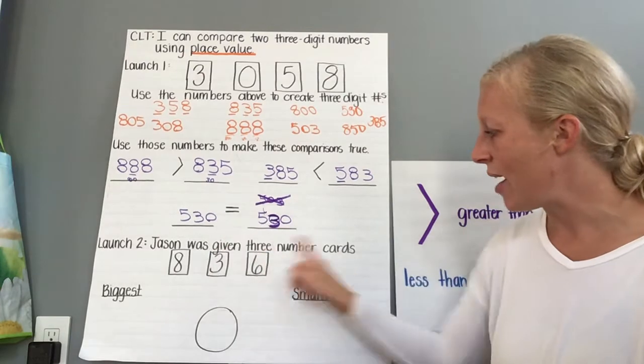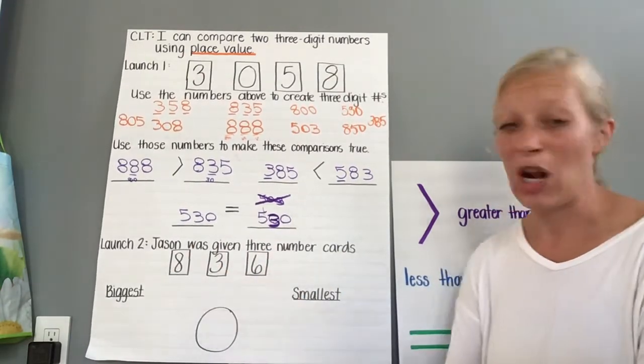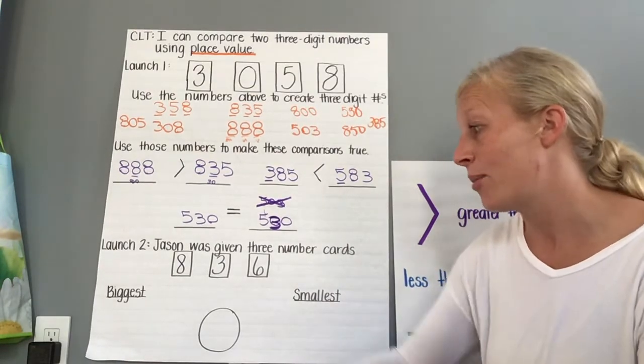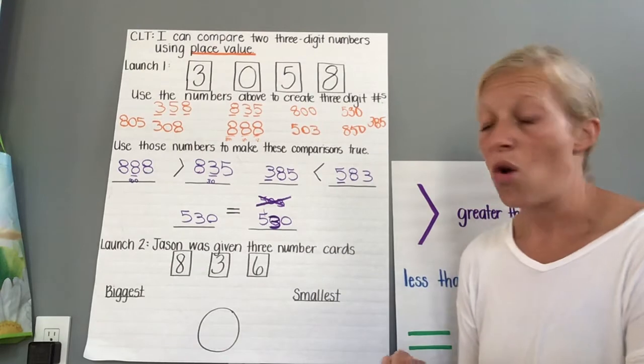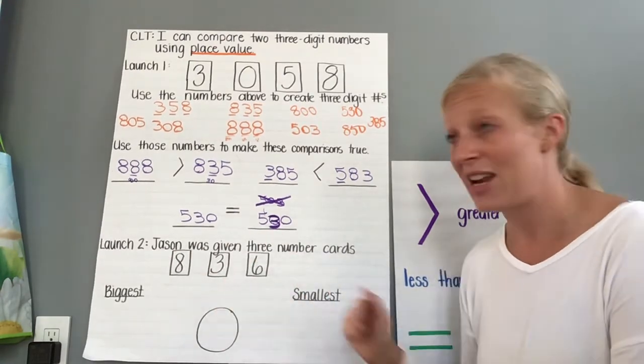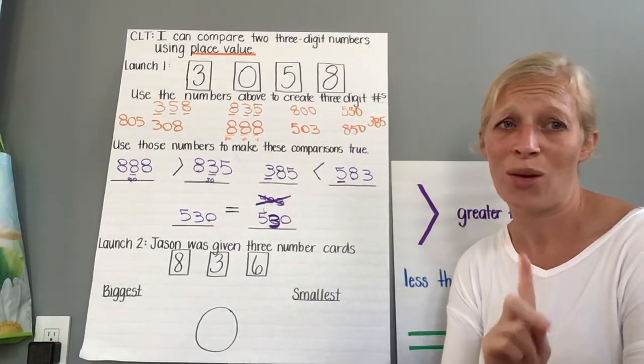Now we can only use each digit once, right? So for example, I might make the number 836, or I could make the number 683. I can put them in any order, but I have to use those 3 digits, and I can only use them once this time.